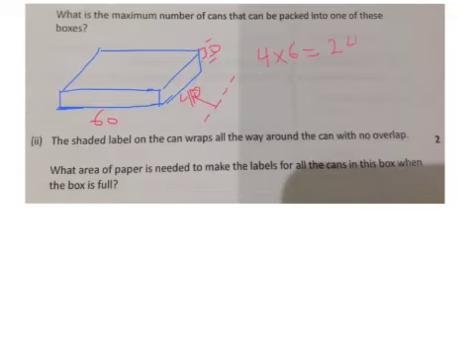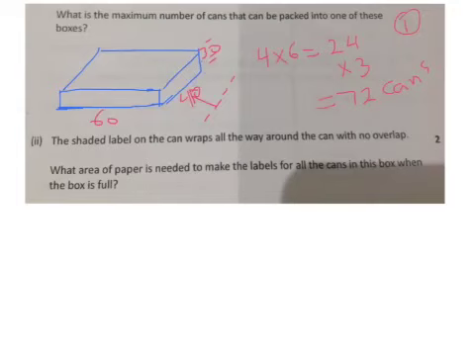That's the lower level, and you're topping it by 3 levels, so you multiply that by 3, and that gives you 72 cans. This is the maximum you can pack into this box. So there was no need to find the volume of the box, and it was worth 1 mark only.